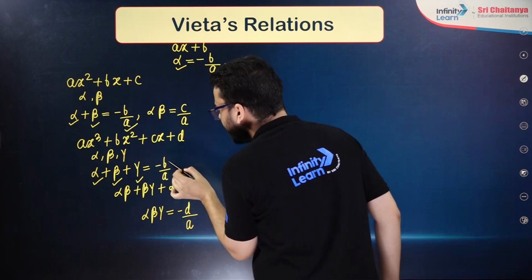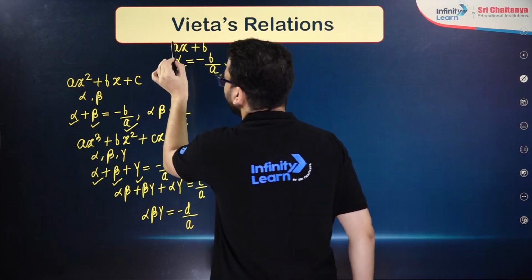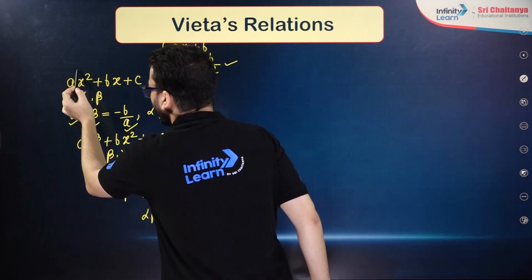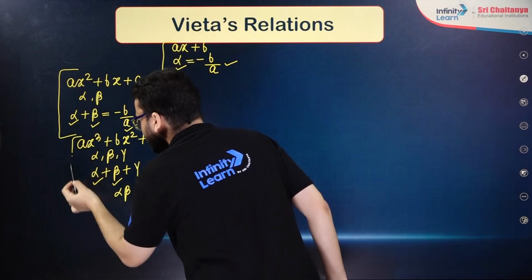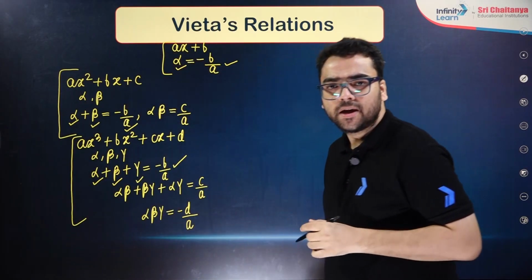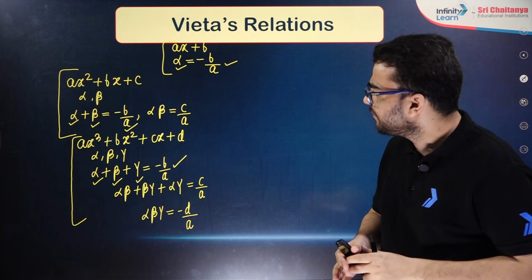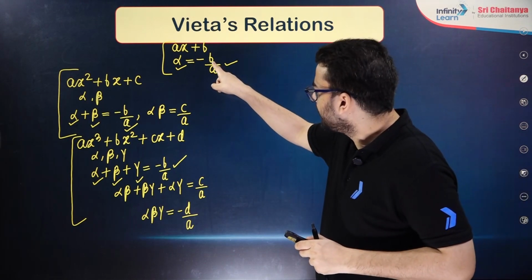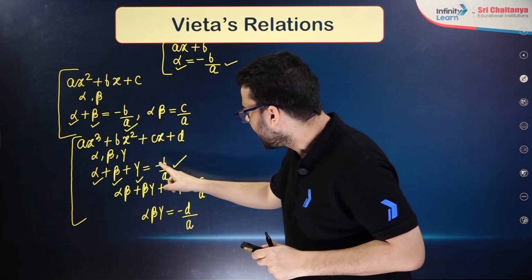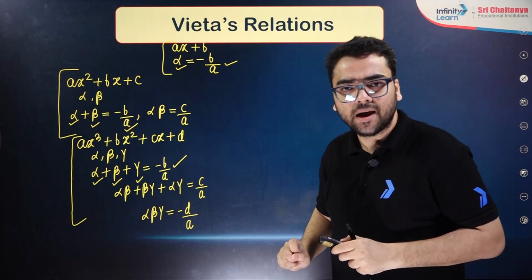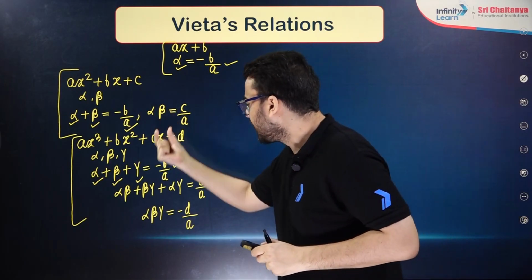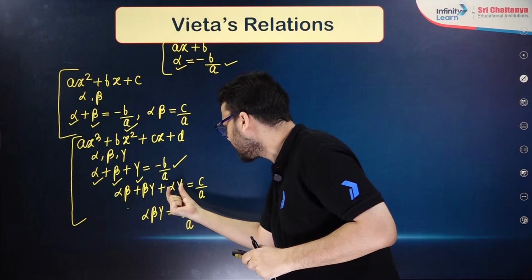For a linear polynomial, for a quadratic polynomial, and for a cubic polynomial, if you take one zero at one time, it will be every time minus b by a.